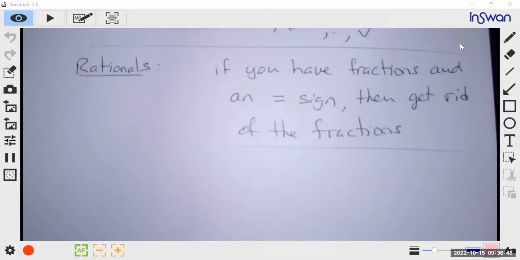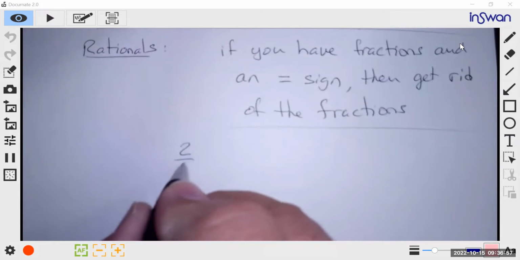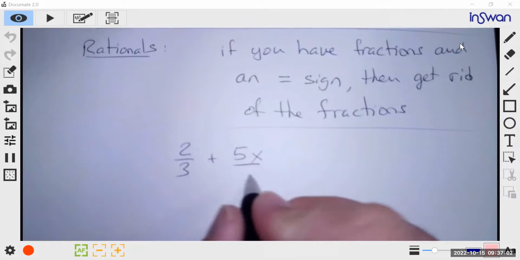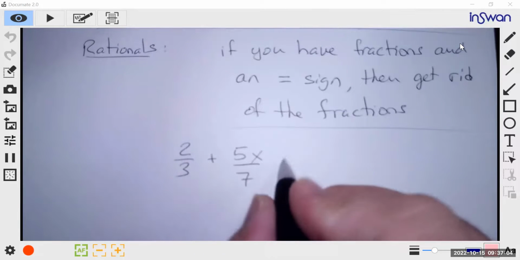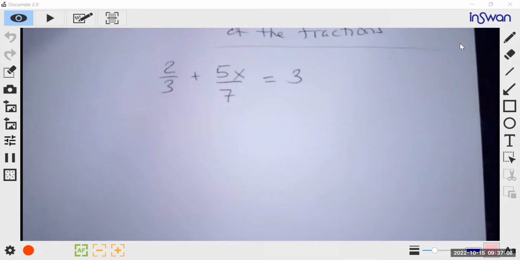That's a general rule to live by. Here's an example. We have fractions and an equal sign.